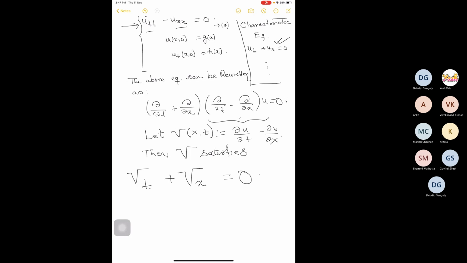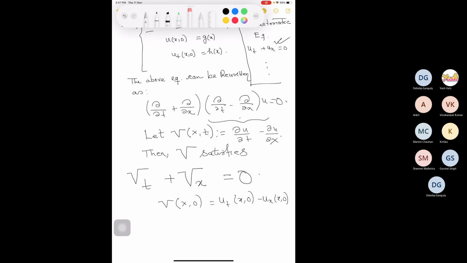Does this remind you of something? And of course, what is v(x,0)? It is u_t at (x,0) minus u_x at (x,0). You know u_t at (x,0) is given, h(x). And u_x is g prime of x.